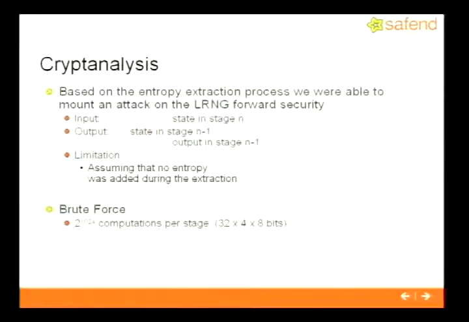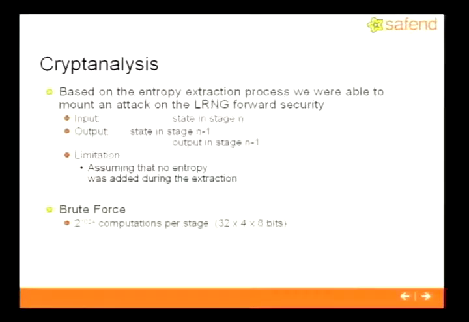As I mentioned, the entropy-based PRNGs, we want to have 3 properties: the backward security, forward security, and pseudo-randomness. We were able to mount an attack, again, mostly theoretical, on the Linux on its backward security, meaning my input is the state of the PRNG.